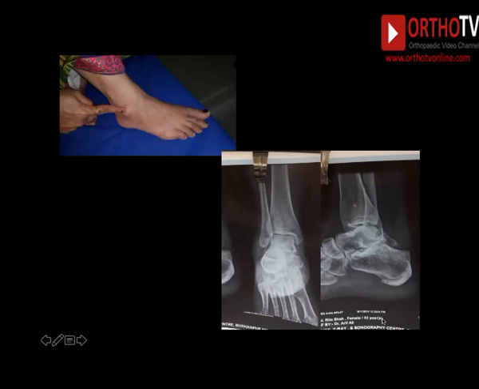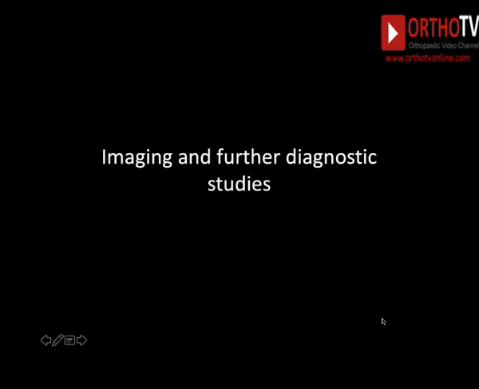This patient is indicating pain just below the lateral malleolus. When we took an X-ray, it was an osteophyte arising from the subtalar joint, projecting posterolaterally to cause pain just below the lateral malleolus. So many conditions can be diagnosed by careful clinical evaluation, and then investigations will just be for confirmation.